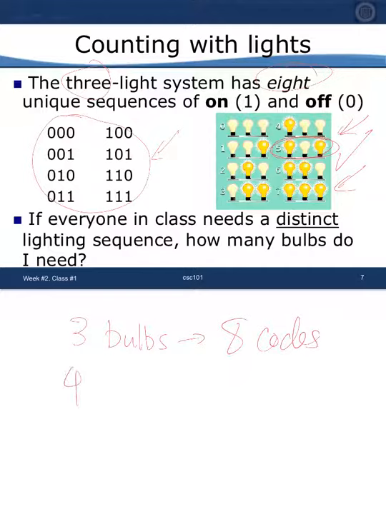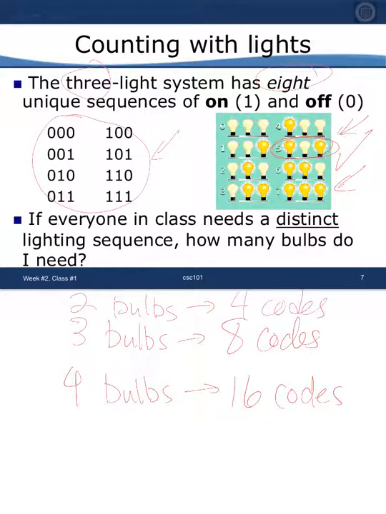And I think I asked you in the homework to answer the question, what if you had 4 bulbs? And hopefully, I think most of you got this. You said that meant we could do 16 codes. And in fact, I should have maybe filled in the easier case that if you have 2 bulbs, that one's pretty easy to see, I hope. You could either have them both off, both on, or the first one off and the second one on, or the second one off and the first one on, right? So I think that's only 4 different sequences, right?